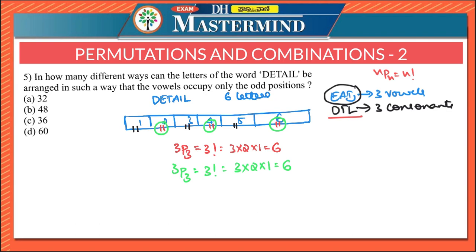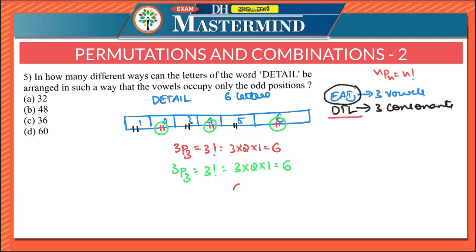So the problem is not over here itself. Now what we have to do is, there are 6 ways in which vowels could be arranged only occupying the odd positions, and there are 6 ways in which the consonants could be made to occupy only the even positions. So now we'll have to multiply both the ways to arrive at the total number of ways in which we can arrange the word detail so that the vowels occupy only the odd positions.